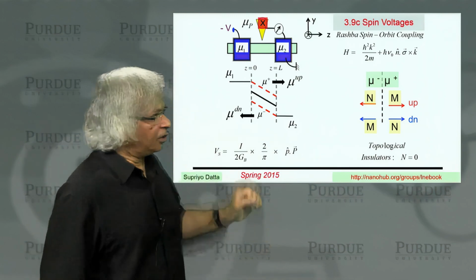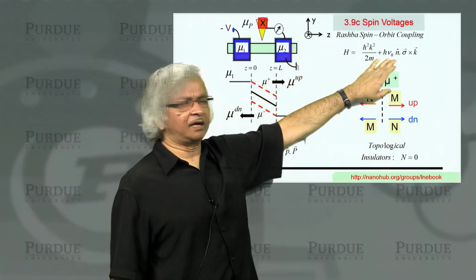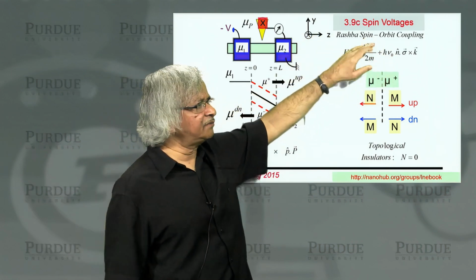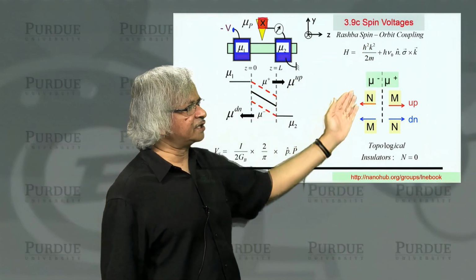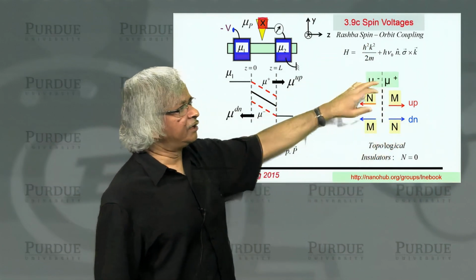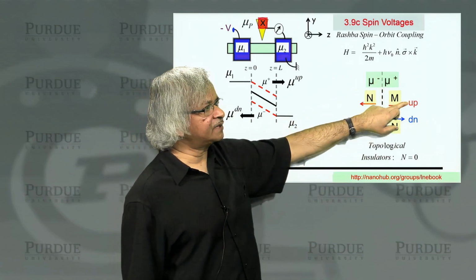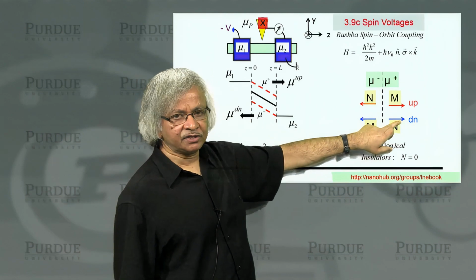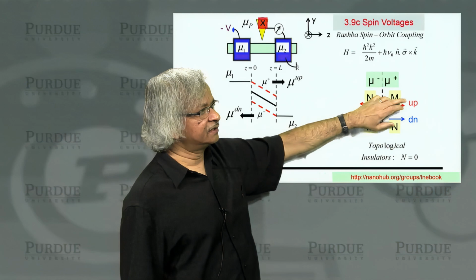Now, in general, though, there's a lot of materials which have spin-orbit coupling. And in general, anytime you have spin-orbit coupling, you have a situation like this, where you have right-moving states, left-moving states. You have up states, and you have down states. So in general, there's these 4 combinations.